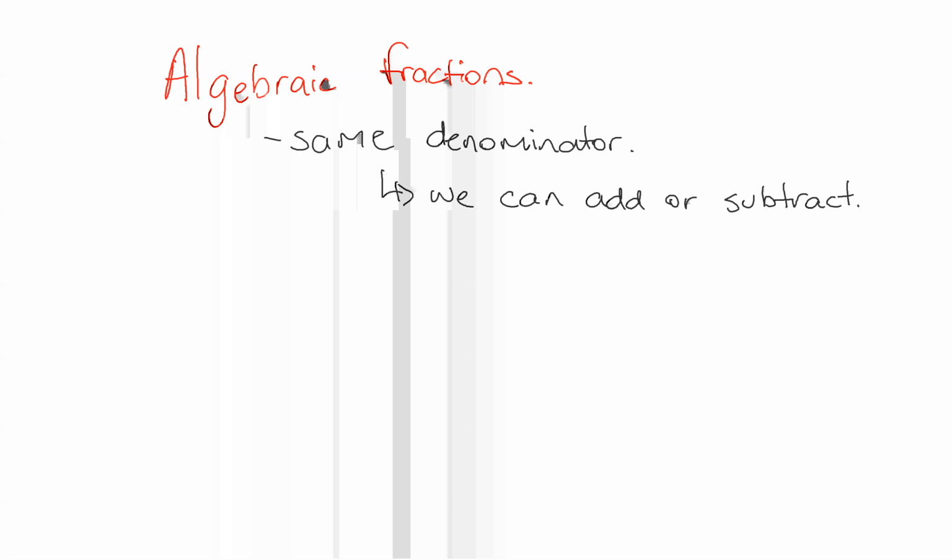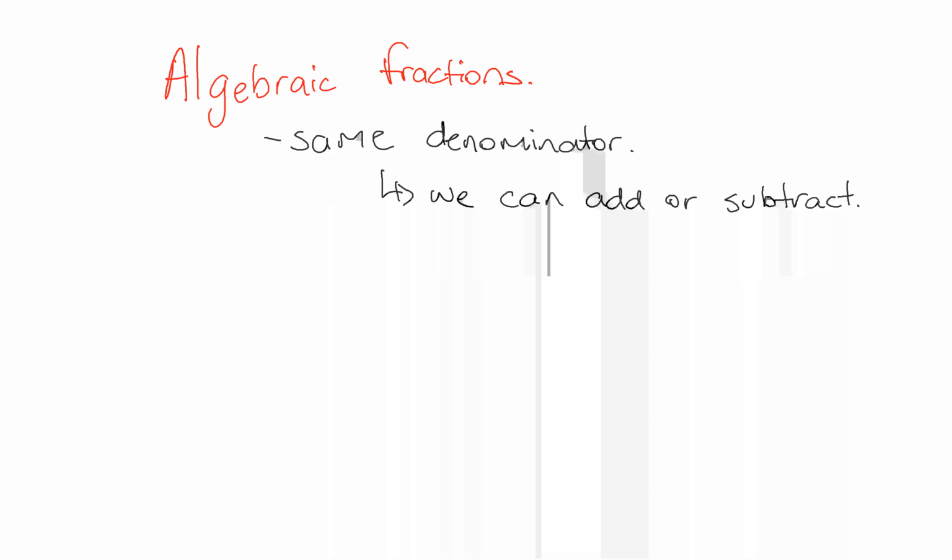Without having the same denominator, we can't do the addition or subtraction until we make the denominators the same. So let's start with something that's simple, and then we'll go to something that has a different denominator, and we'll try to make that even, and then we can do the operation.